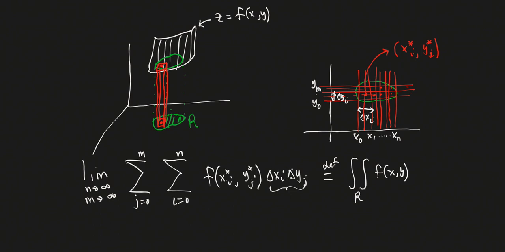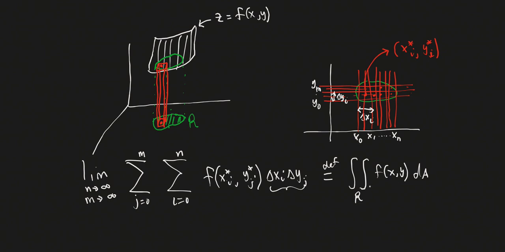The notation that we use is dA, with an uppercase A, to say that this is the small area of the little rectangular base of our solid. You can think of this as the area of the base times the height. That gives me the tiny volume, and then the double integral sums up all of those tiny volumes to give me a nice, precise, exact volume, right?